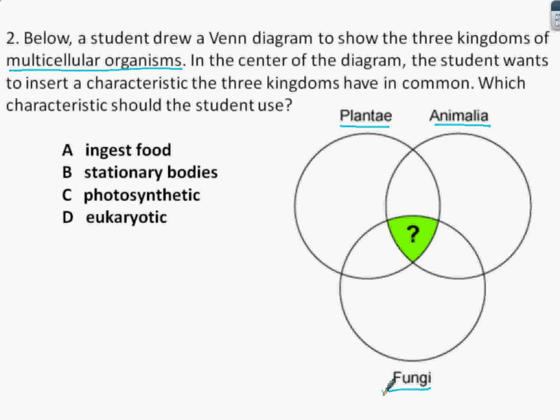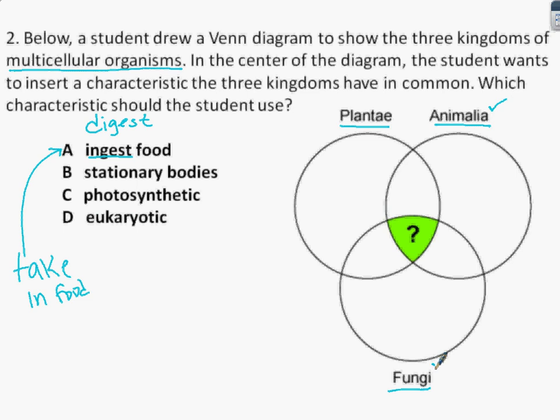And our first choice is ingest food. Well, do you know what ingest means? Well, maybe you don't know ingest, but we all know what digest means. It means to break down food. Ingest means to take in food. So do all of these things take in food? Well, animals, they eat. They take in food.